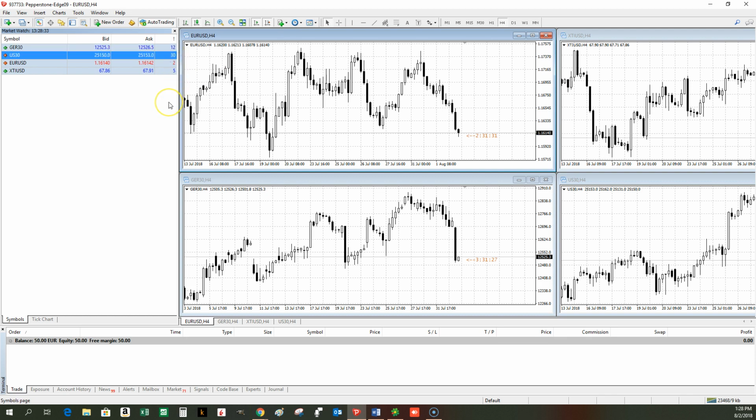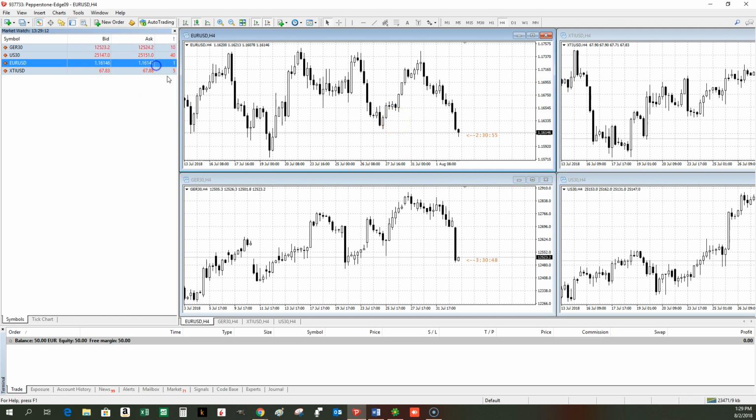On the US 30, the Dow Jones, we have 40 micro pips. On the euro we have zero micro pips. Right now it's moving to 2 micro pips, 1 micro pip, and on the oil, XTI, we have 5 micro pips. All right, so very, very tight spread. Great to trade scalping.